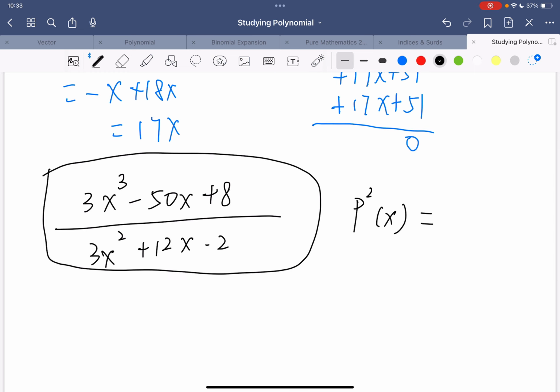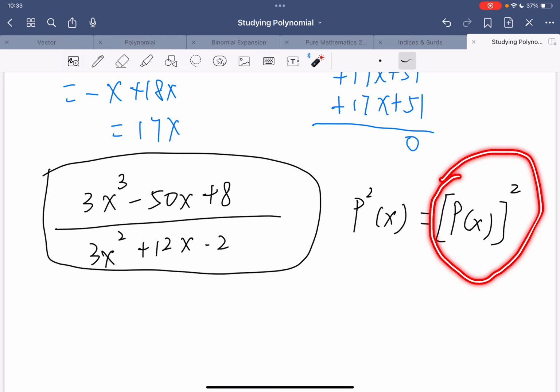The second one looks like this. So in this case, they are equal. They are telling the same story. So no matter which one you encounter, don't be confused. If you are more familiar with this expression, you can always turn this one into this one.